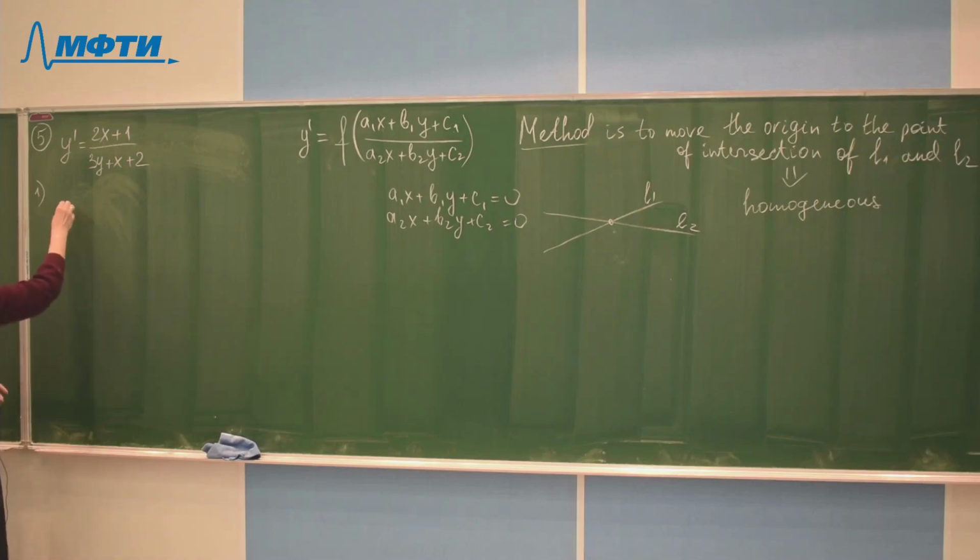Okay, so let x be equal to the new variable, let it be x capital, plus some parameter alpha, and we will find alpha in what follows. And y equals y capital plus beta. This is a change of variables which moves the origin to the point of intersection of two straight lines.